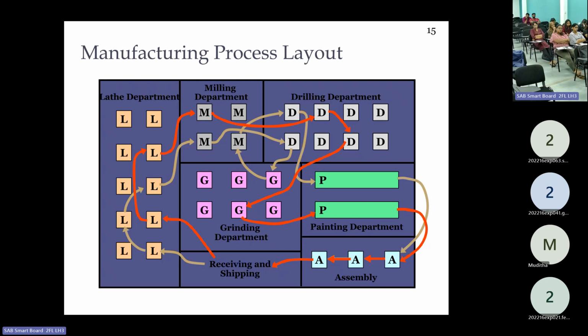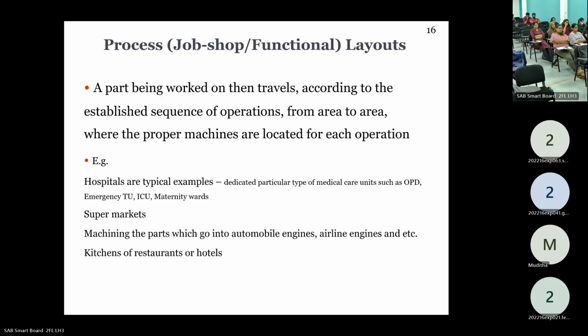The same is used for services, then we can have a variety of services. What is the main characteristic? Similar resources together. So, as mentioned here, it moves through different parts and then completes the order.